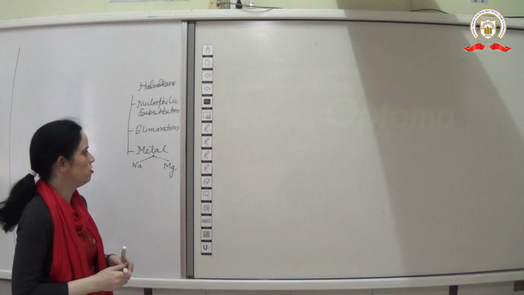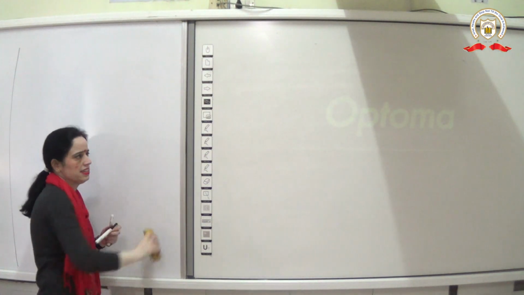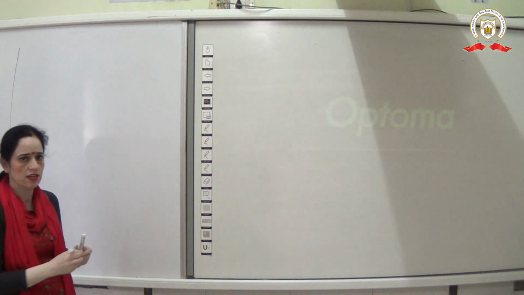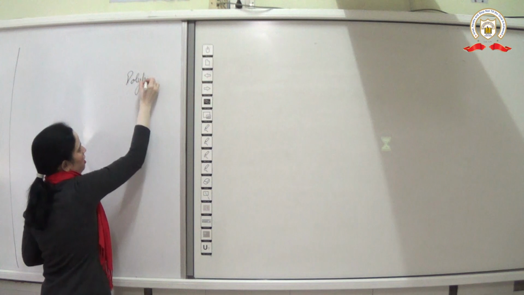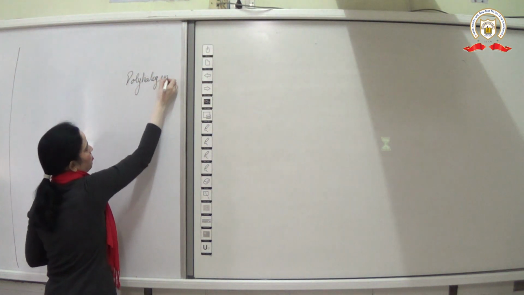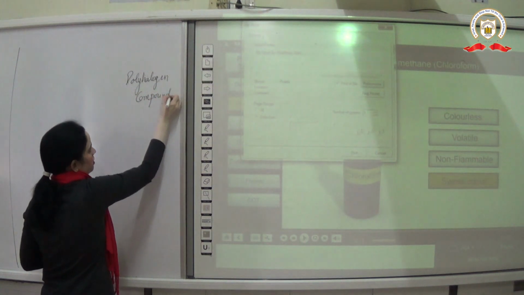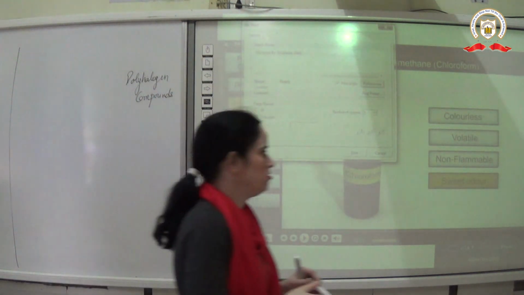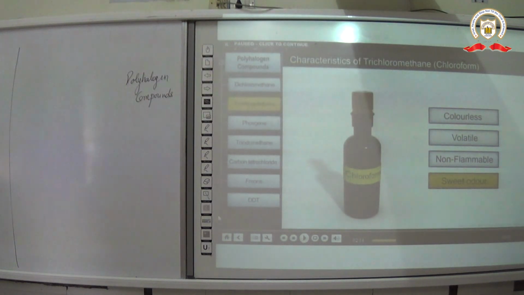The polyhalogen compounds can be chloroform, which in earlier times was used as an anesthetic. Polyhalogen compounds are the last part of this topic, and anesthetics and many other things are based on them.